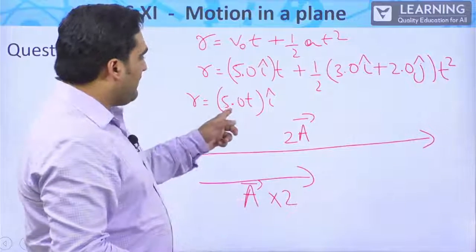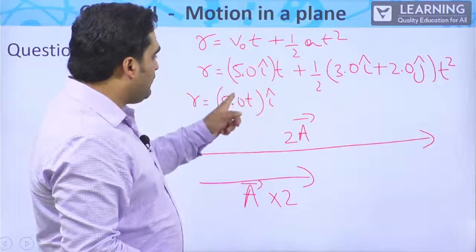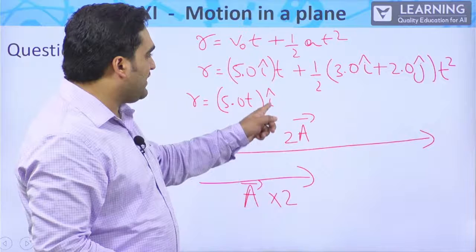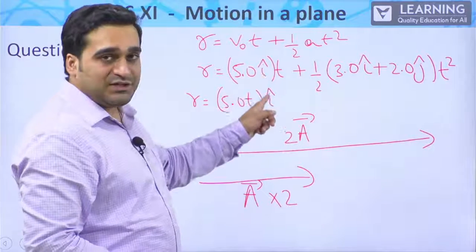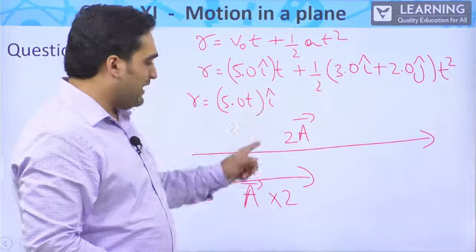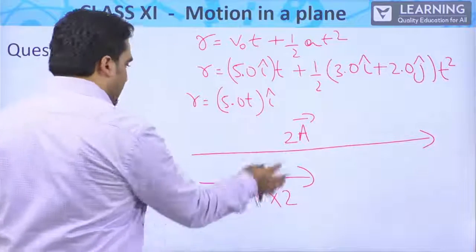Same thing here, I can multiply t to 5.0, but the direction, this i cap, will remain the same. So this is just an example.